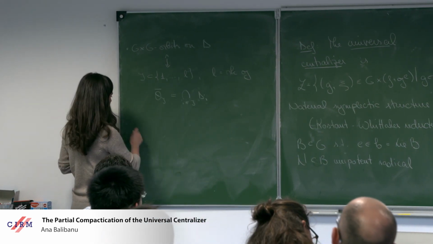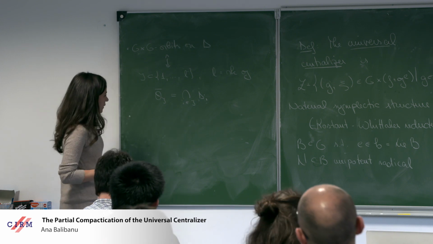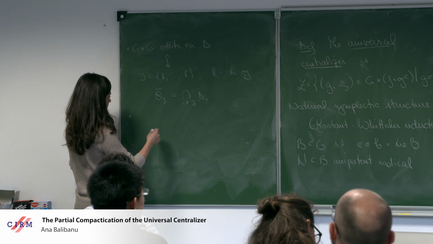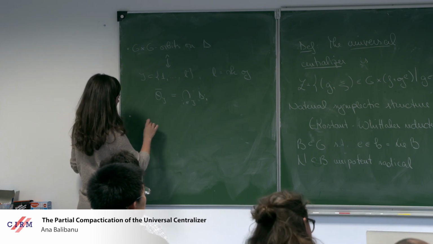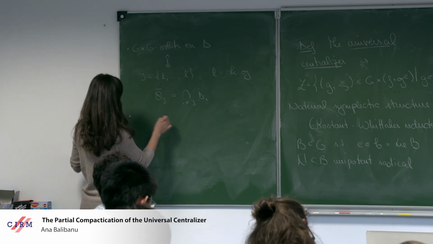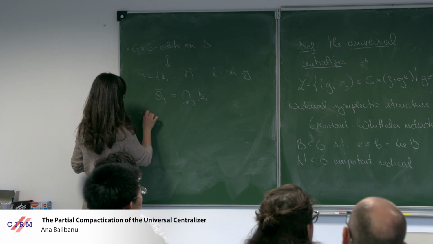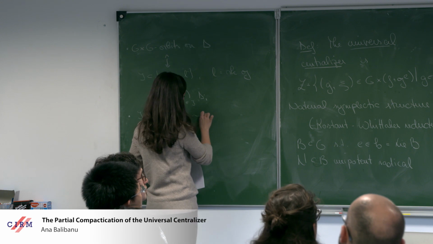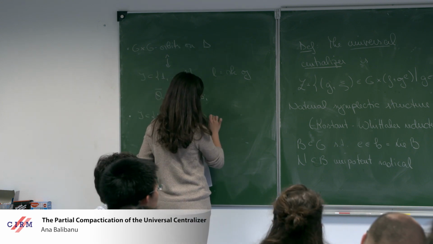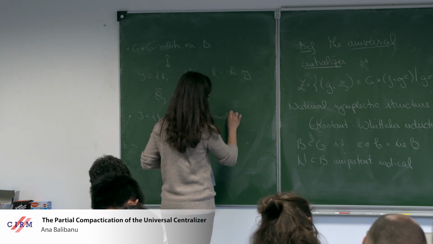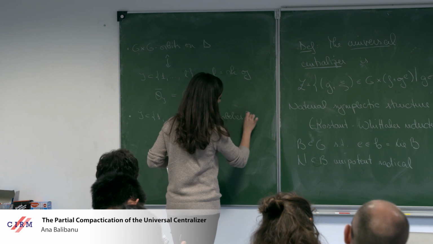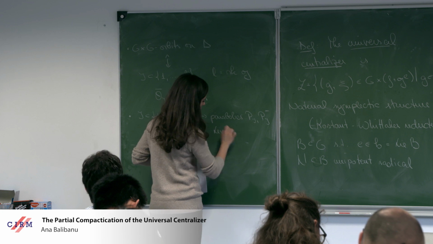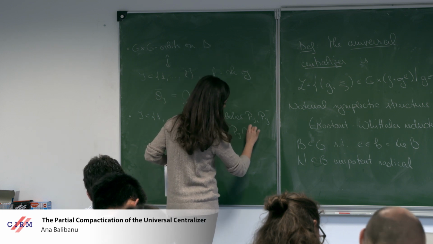And maybe I will say one more thing about them. So these orbit closures have a very nice geometric description, which goes something like this. For a fixed subset I, we have a corresponding pair of parabolics, P_I and P_I minus, and a Levi subgroup, which is their intersection.